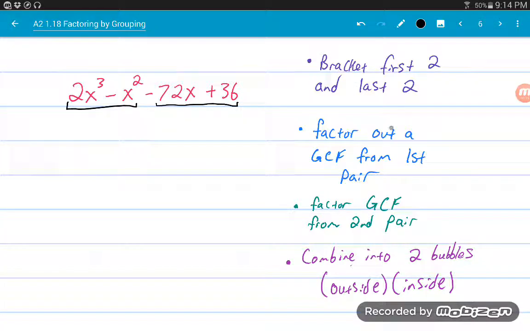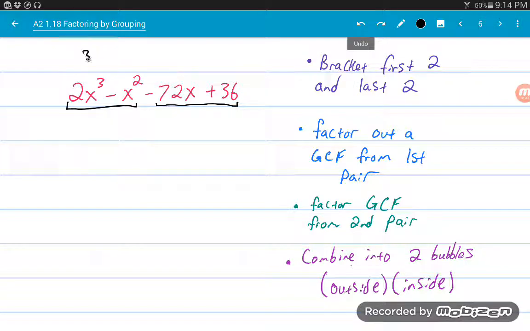Now what we need to do is factor out a GCF from the first pair, so from this bracket right here. So we look at these terms and we say, what do they have in common? What could I divide out from both of them? Well, they don't both have 2's, but they do both have x's. And the question is, how many x's could I take out?